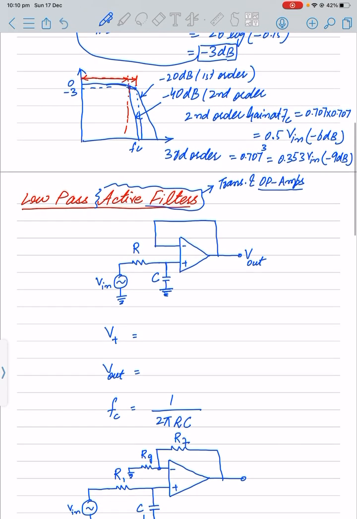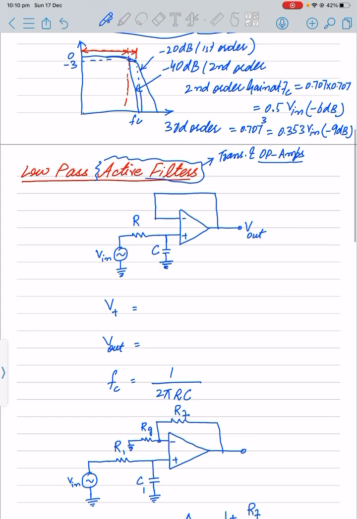Most commonly, our operational amplifiers are used as the active filters. So they have their own advantages. The first one is that we can achieve voltage amplification from them, or an extra gain, or the amplified version of our input signal.